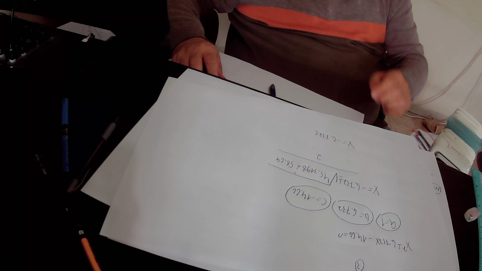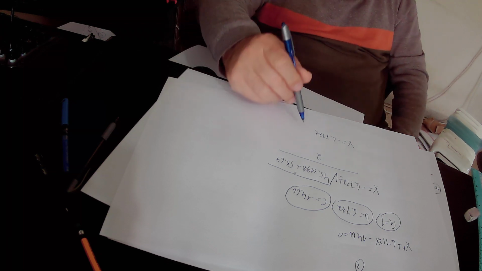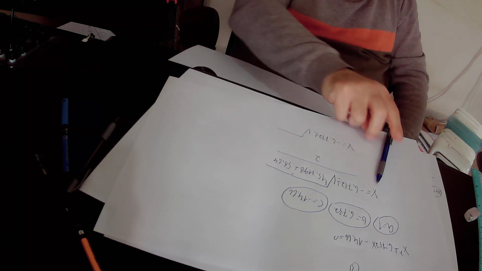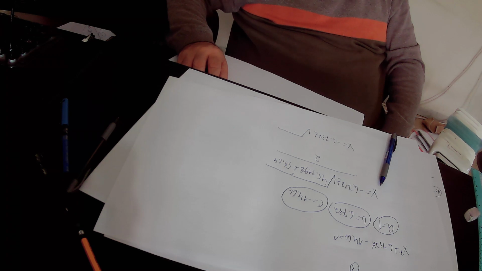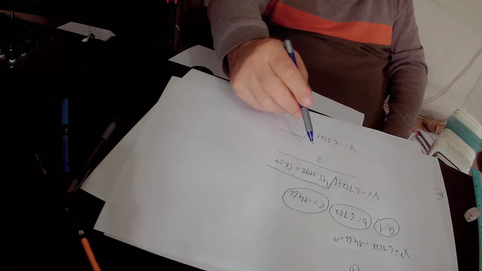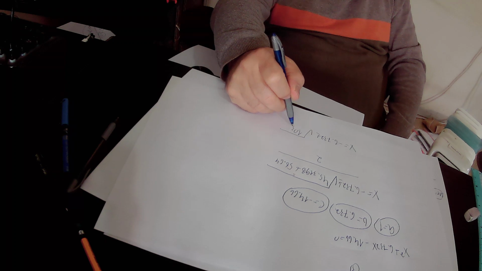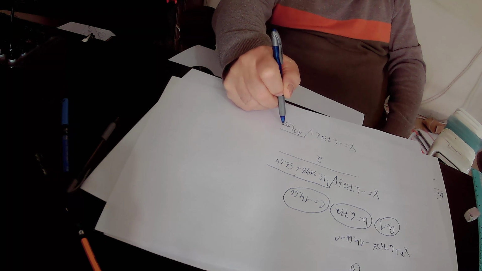Inside the root we have 45.3198 plus 58.64, which equals 103.9598.